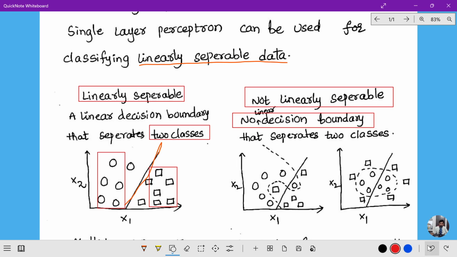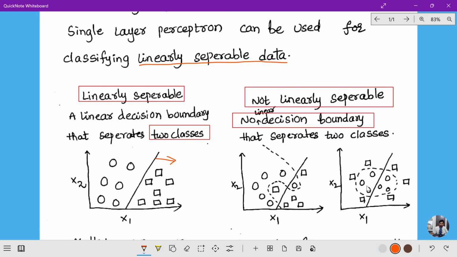So this decision boundary divides the data into two types: first the circles and second the squares. So this is called the decision boundary. If you draw a line between two classes, this is called linearly separable.